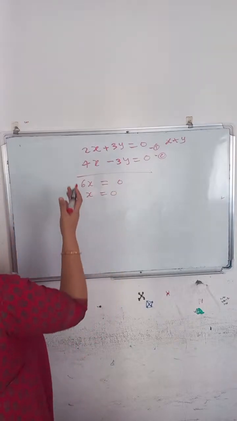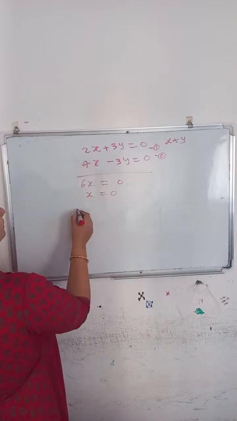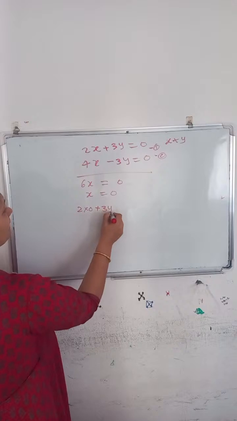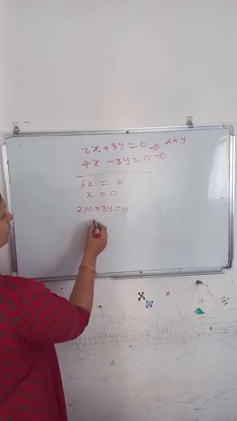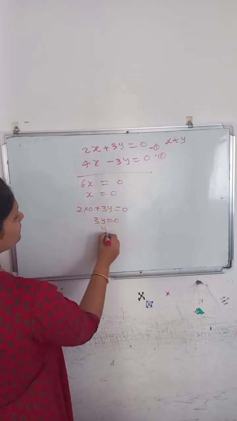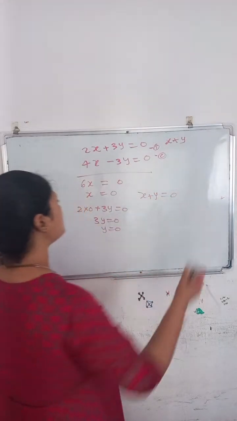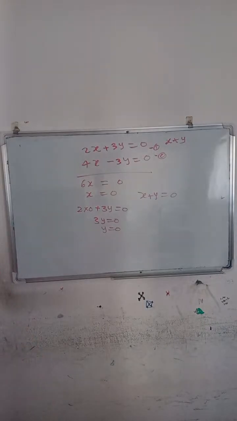If you substitute x in any equation, 2 into 0 plus 3y is equal to 0, so 3y is equal to 0, and y is also 0. So x plus y is also 0. So option 1 is the correct option.